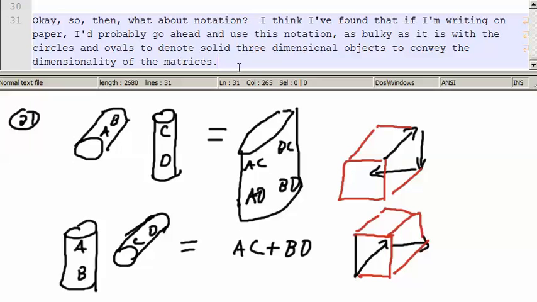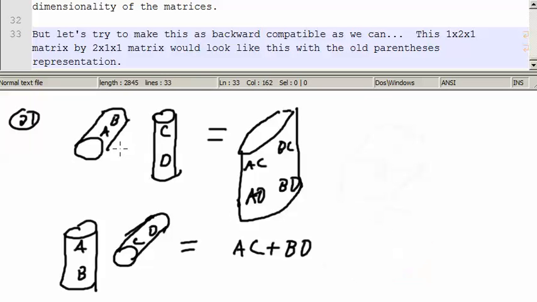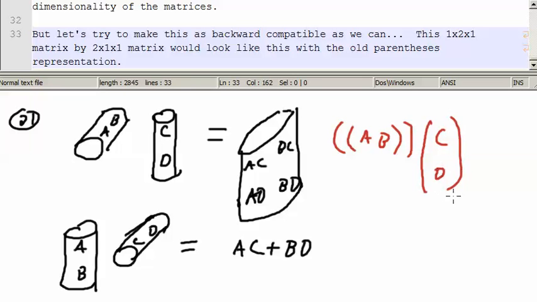Okay, so then what about notation? I think I found that if I'm writing on paper, I'd probably go ahead and use this notation, as bulky as it is, with the circles and the ovals, to denote solid three-dimensional objects to convey the dimensionality of the matrices. Alright, but let's try to make this as backwards compatible as we can. This 1 by 2 by 1 matrix would look like this, and the 2 by 1 matrix would look just the same way as it always has.